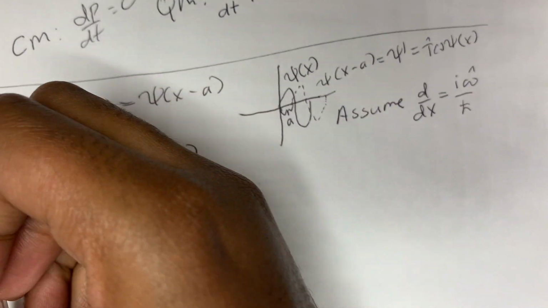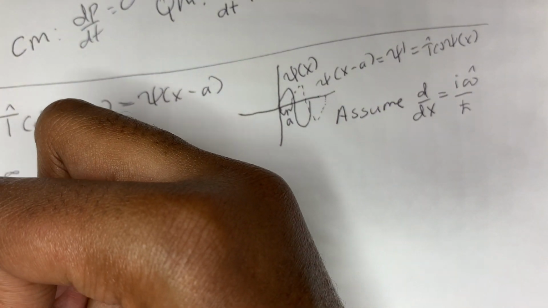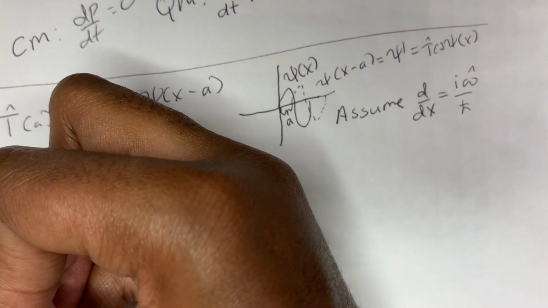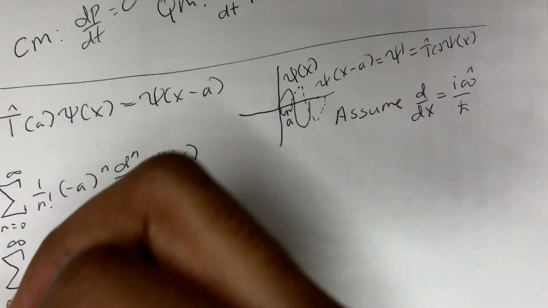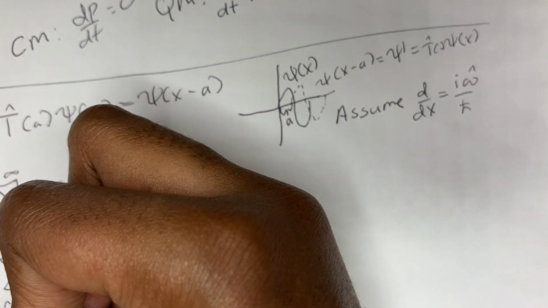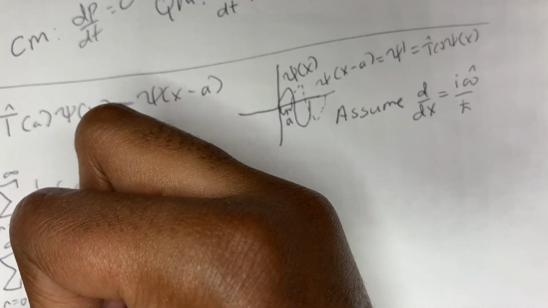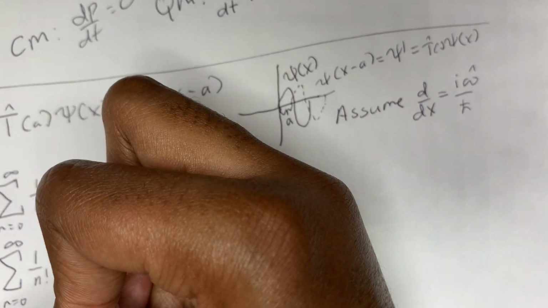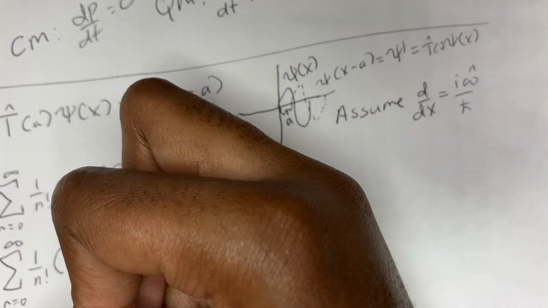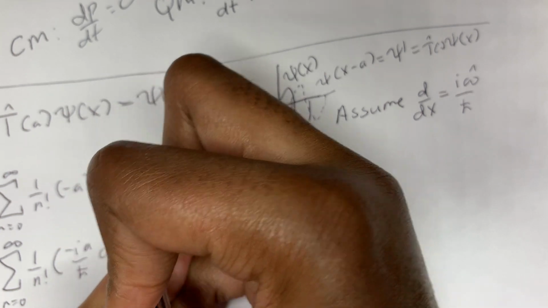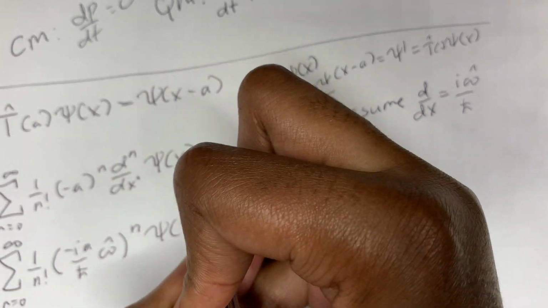Doing that gives us that this series expansion is equal to the sum of 1 over n factorial times minus i a over h bar omega to the n, acting on psi of x.